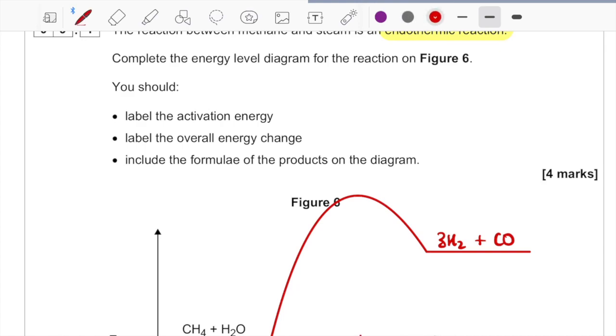So it's got to start at the same height as the reactants, and it's got to finish at the highest point of the hill. Okay, so that is the activation energy.